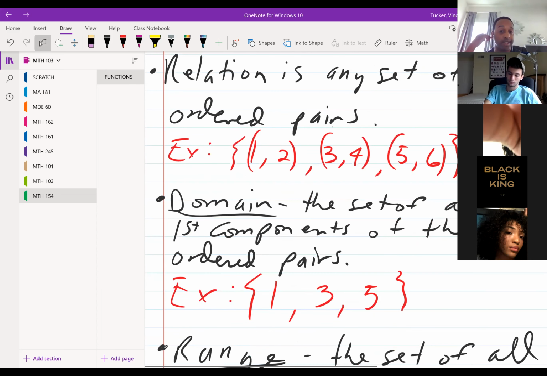Your domain is the set of all first components of your ordered pairs. Looking at (1, 2), (3, 4), (5, 6), the first components would be 1, 3, and 5. That would be your domain.